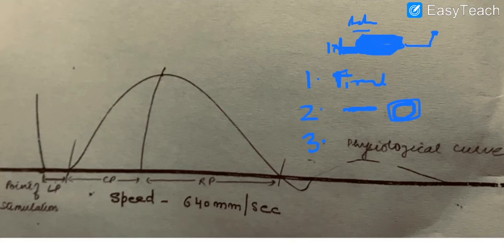So, in excitation contraction coupling, the impulse generated will travel along the muscle, enter through the T tubule, the ryanodine receptor will open up, calcium will enter into the cytoplasm from the sarcoplasmic reticulum, right, and then actin myosin sliding will occur. So, all these events will take their time. So, we can say it is the time taken by the excitation contraction coupling process.